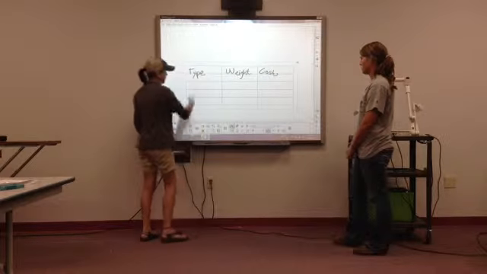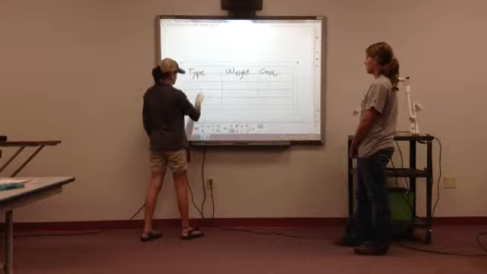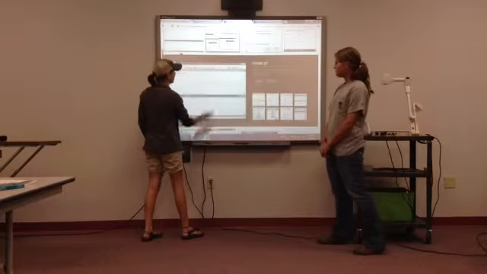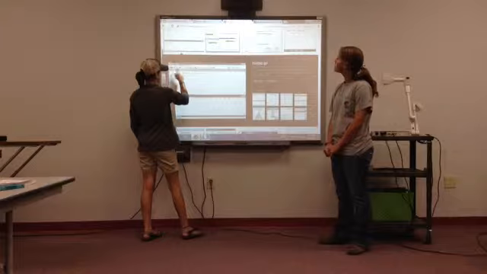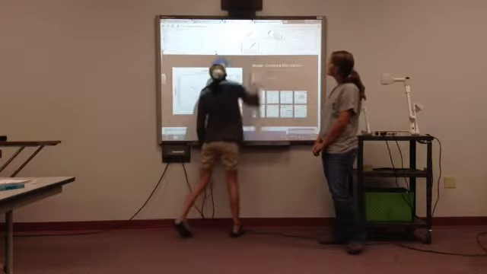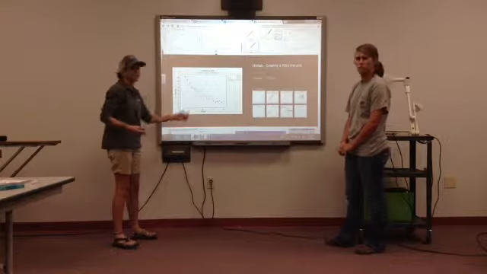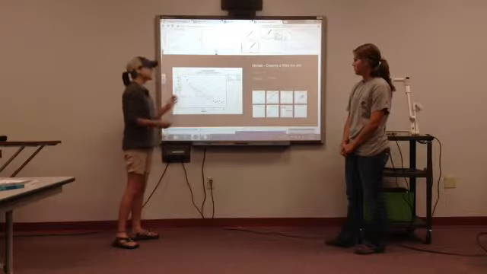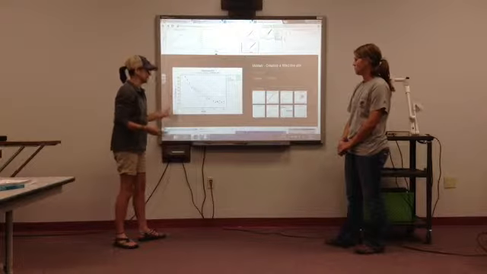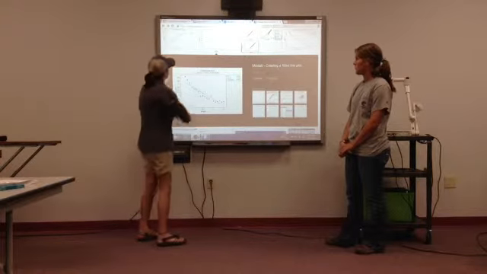So it's going to look something like that, and they'll put the data in here, and once they do that, they'll go up to statistics and they'll do line of best fit, and it graphs it for them. And then it's going to look something like this. And through this, they're going to be able to decipher which one they think is the one that gets them the most for their money.